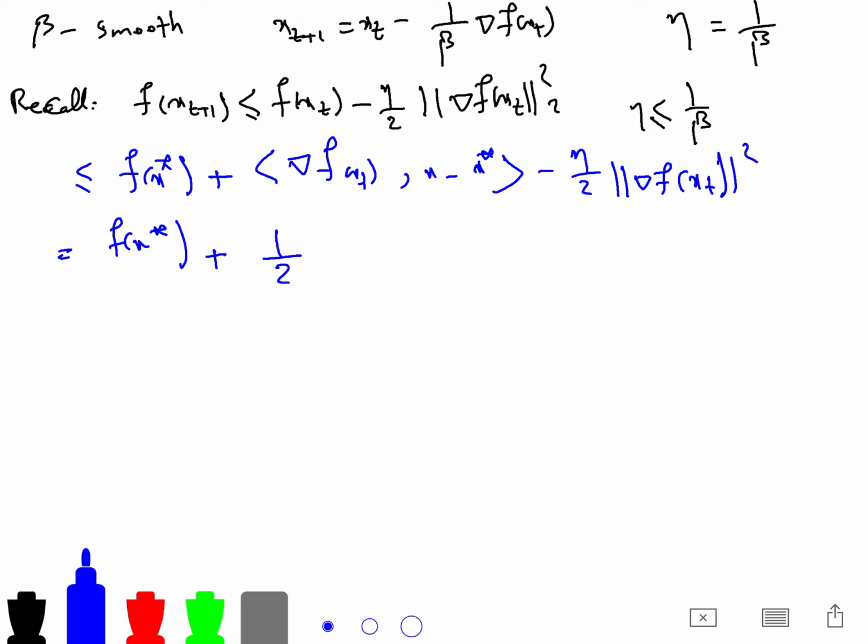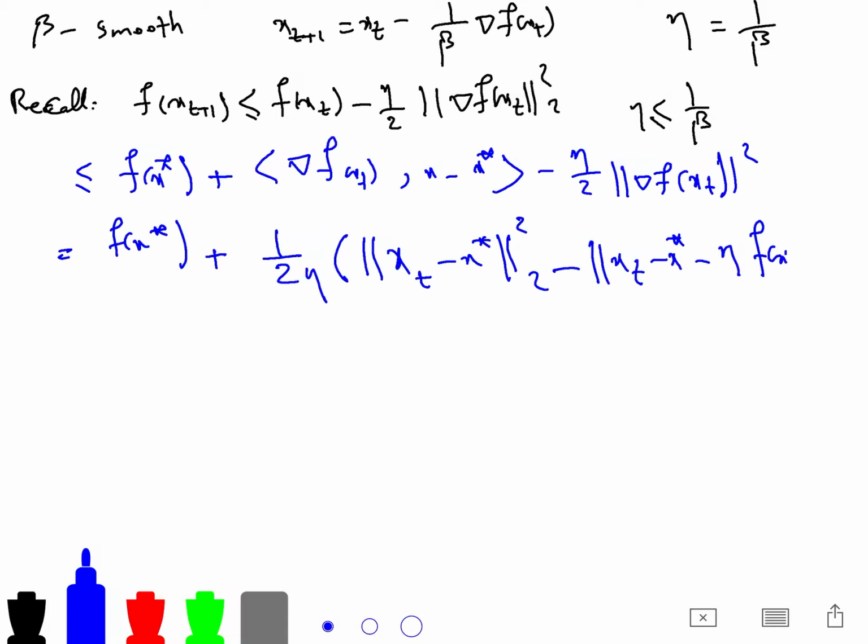But before that, I want to use that, if you simplify this, you will notice that this one is completely equivalent to this one, x_t minus x star minus eta times gradient of f of x, squared.